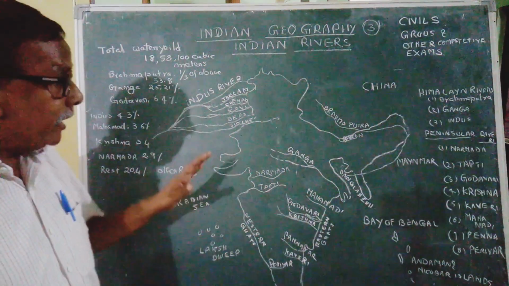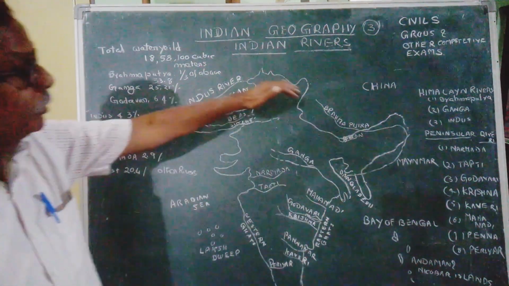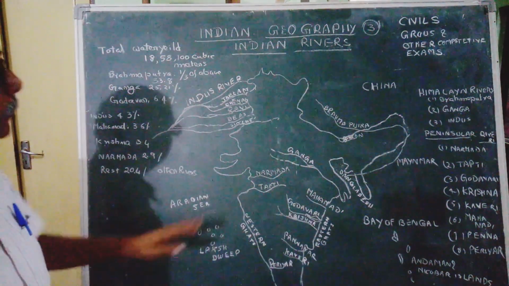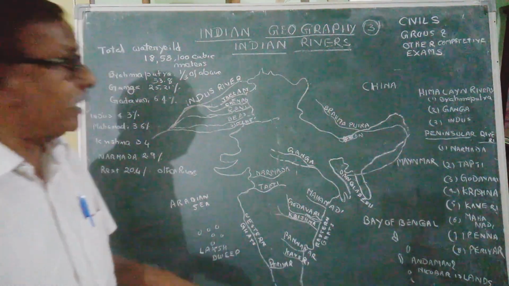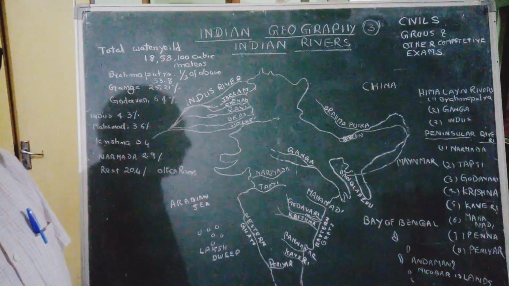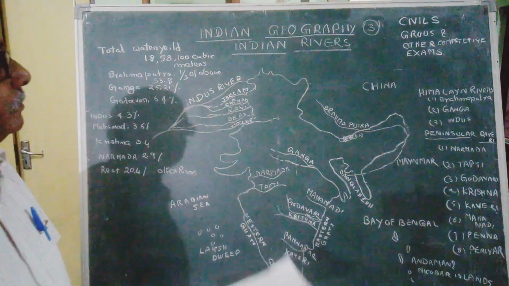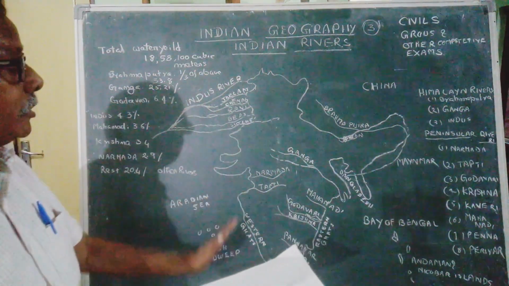The peninsular rivers are present in the peninsular plateau of India, out of which two rivers, that is Narmada and Tapti, flow westward, and the remaining rivers flow eastward.